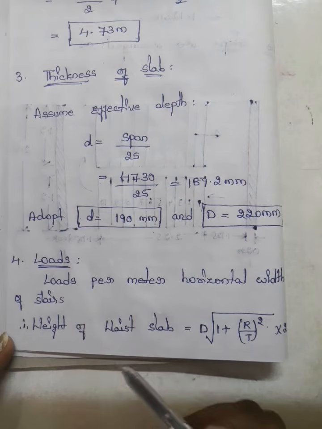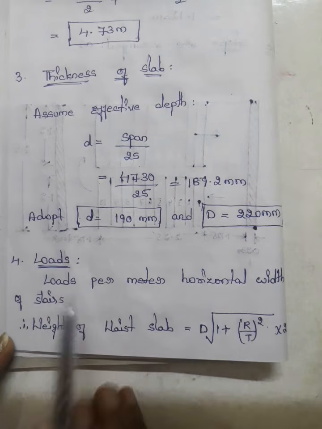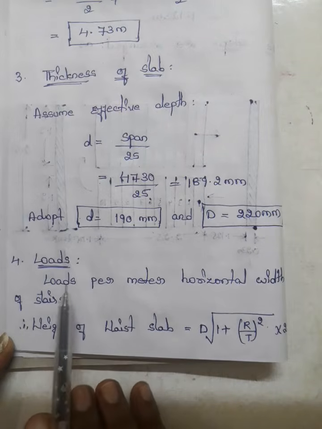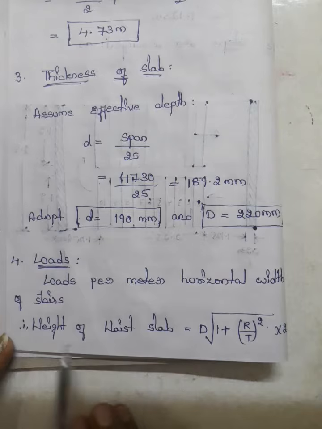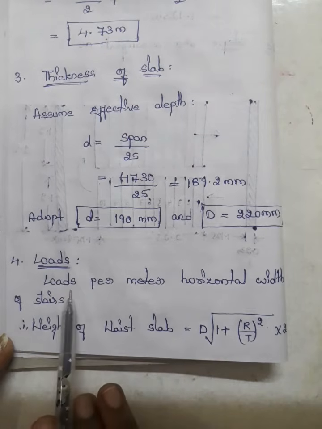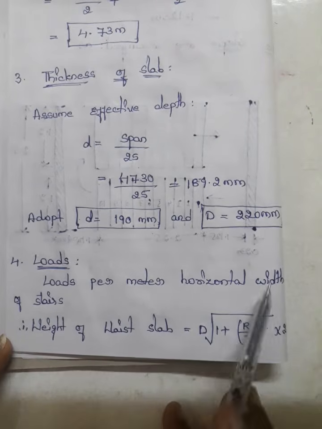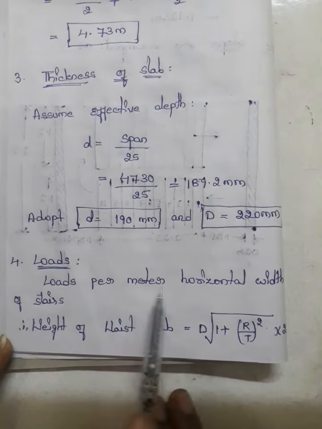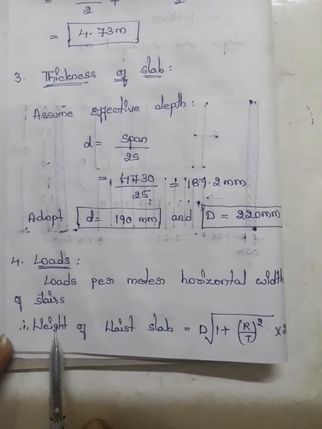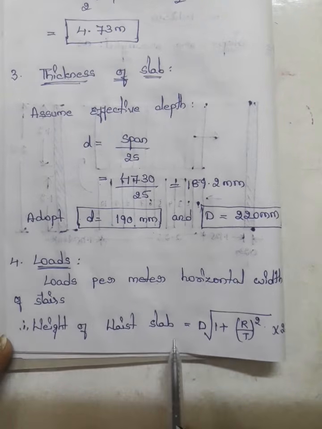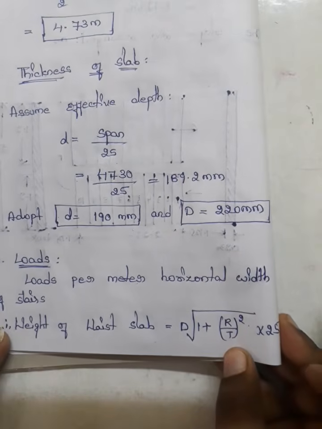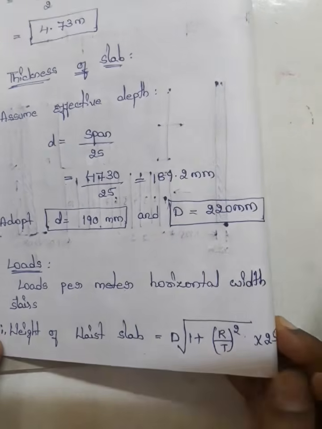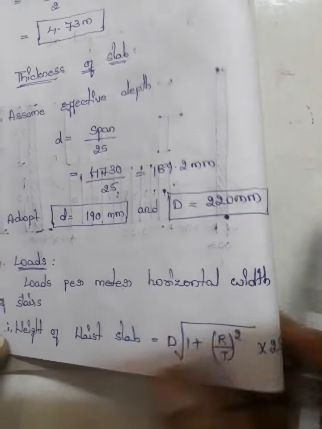So after finding the thickness of slab, we are calculating the loads. What is the complete load? WU we need to find. We'll see that clearly in this step. To calculate the complete load, there are different components we need to calculate. That is the load per meter horizontal width of stairs, so we are taking it for 1 meter. Weight of waist slab is given as D under root 1 plus (r by t) whole square into 25, the unit weight density of RCC.